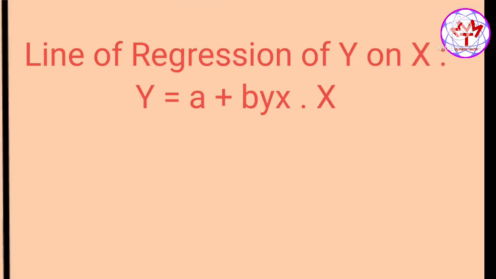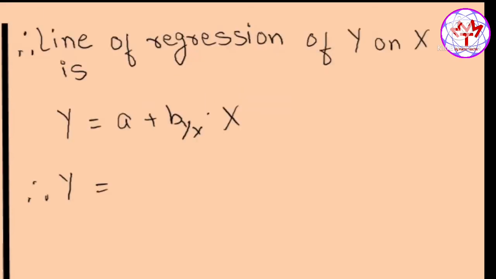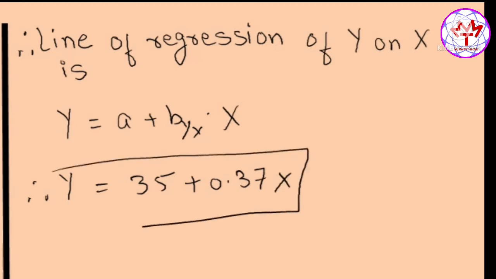Therefore, line of regression of y on x is y is equal to a plus byx into x. Therefore, y is equal to a is 35 plus byx is 0.37 into x. So this is your line of regression of y on x.